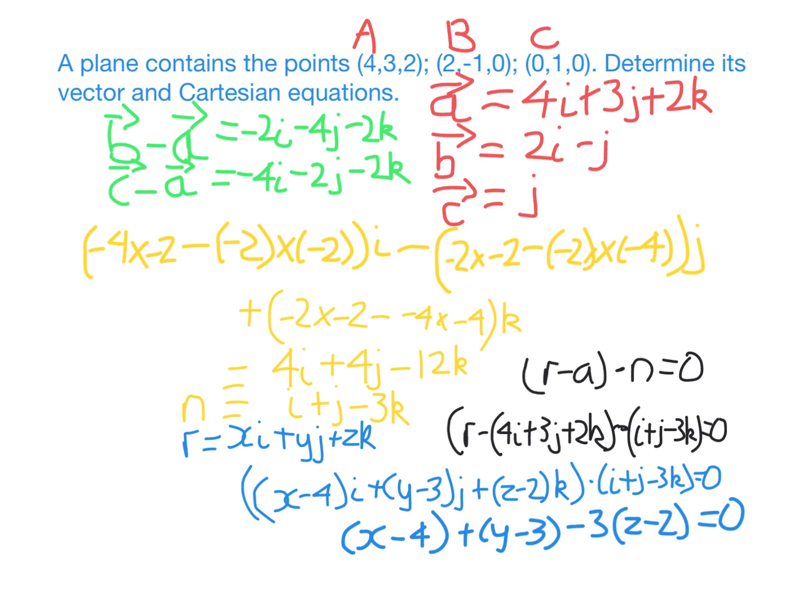We will get x plus y minus 3z, and then negative 4 minus 3, subtract 3 times negative 2, that gives us negative 1. So the plane of which we are speaking contains all of the points x, y, and z that satisfy this equation here. The result will be a 2D object, a 2D space amongst the three-dimensional axes.